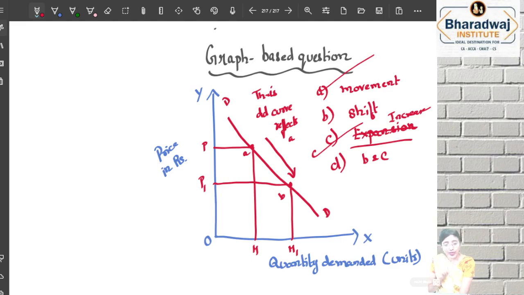Do you follow why the answer here is expansion and not movement? What are the options you're giving? Movement, shift, expansion, B and C. I am thoroughly confused by what you're asking. That option of movement will not come at all. What are the options you are saying for your diagram?